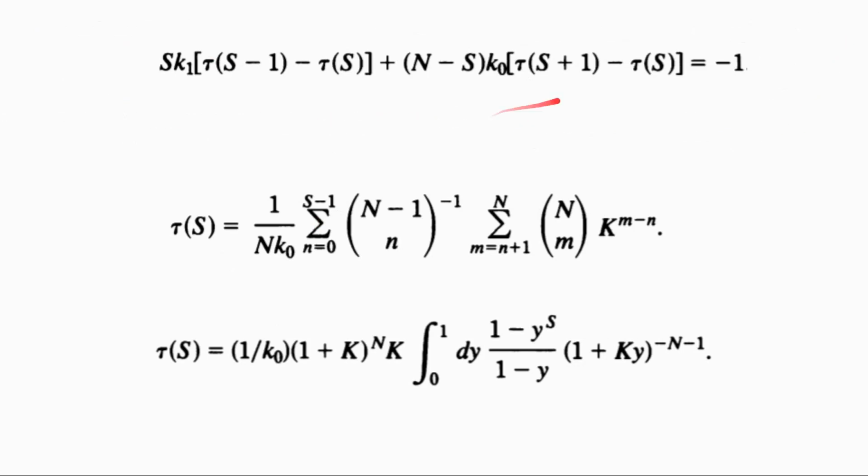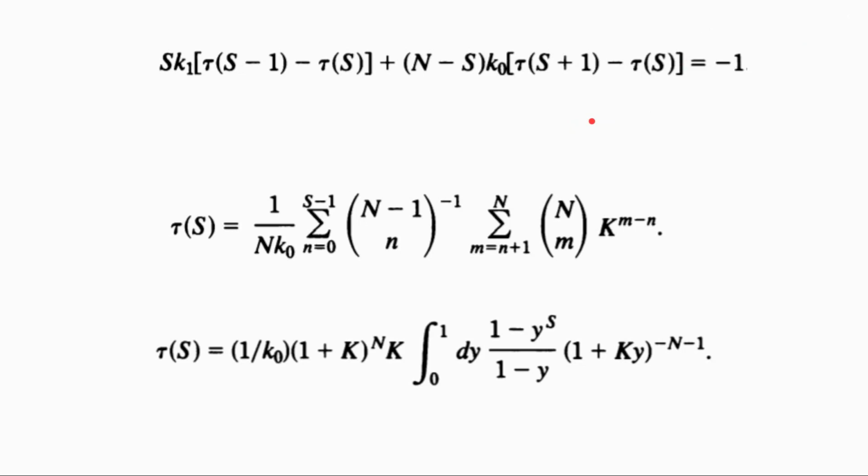So the mean first passage time for s equal to 0, tau of 0, would just be 0. What does s equal to 0 mean? It's the native state. So if you already have the native state, the time required to reach the native state would be 0. So that is one boundary condition.